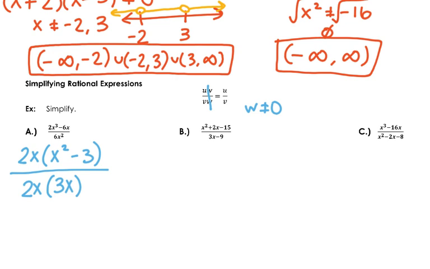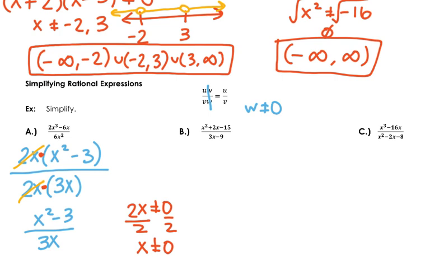If you can write it as a factor of the numerator and a factor of the denominator, these values will simplify to 1, and you'll just be left with x squared minus 3 over 3x. This will be true as long as 2x doesn't equal 0. If you divide both sides by 2, you would see that as long as x does not equal 0.